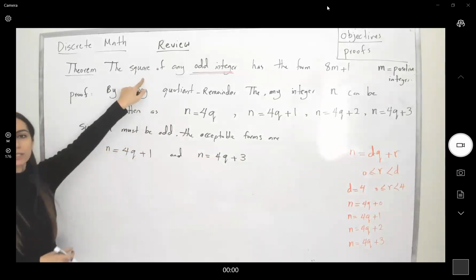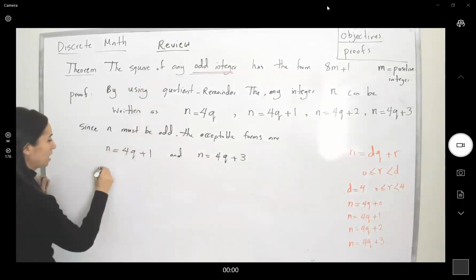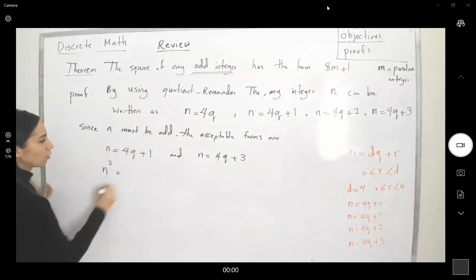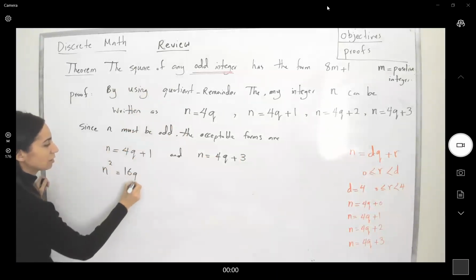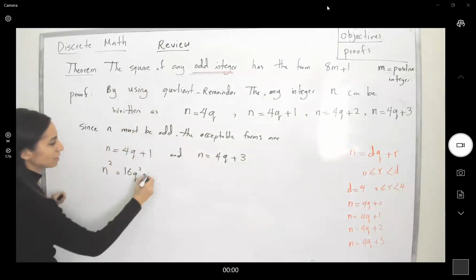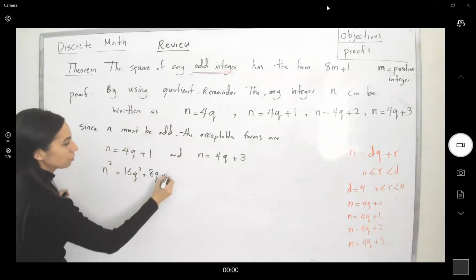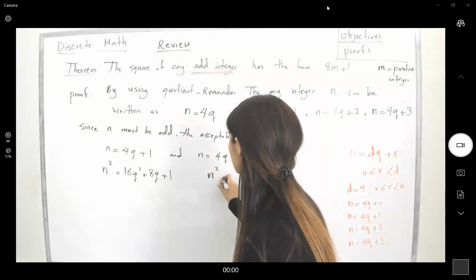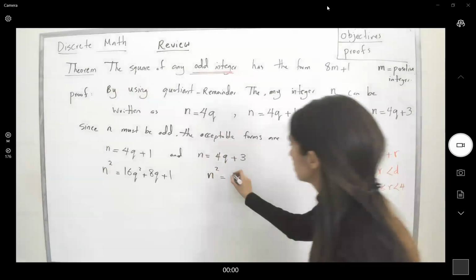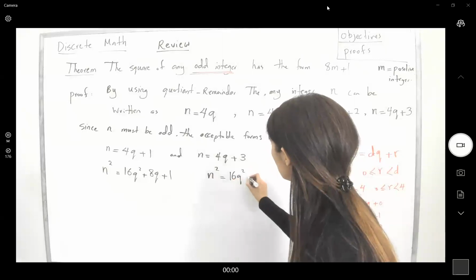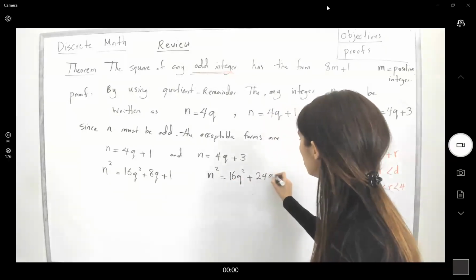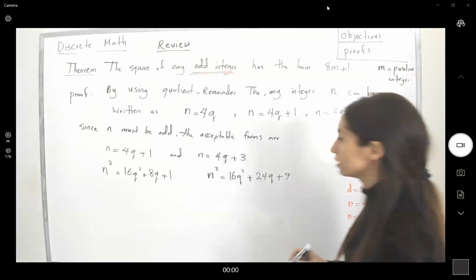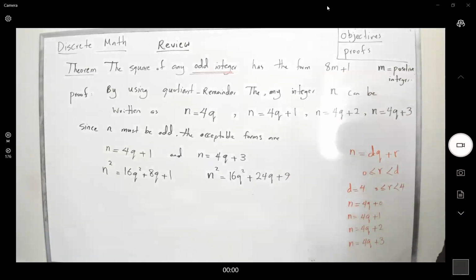Then the theorem says square it. n squared is equal to 16q squared plus 8q plus 1. And if I square the other form, I get n squared equals 16q squared plus 24q plus 9. Very well.